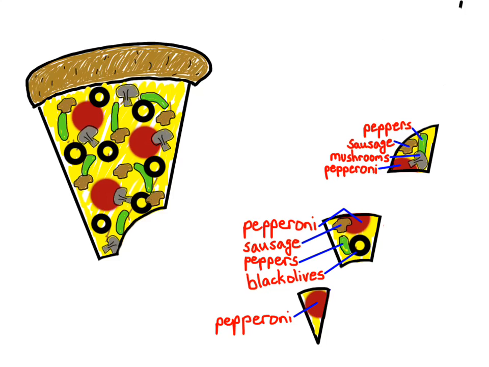And so this is another indication that we're dealing with a heterogeneous mixture. This is only possible in heterogeneous mixtures, where you have samples from different places that actually have different components in them. So our first bite only had 1 topping, the second bite had 4 toppings, the third bite had 4 toppings also, but those toppings were different than the toppings in the second bite.